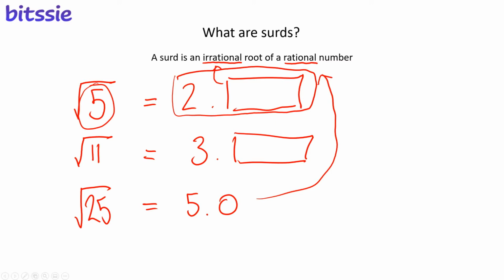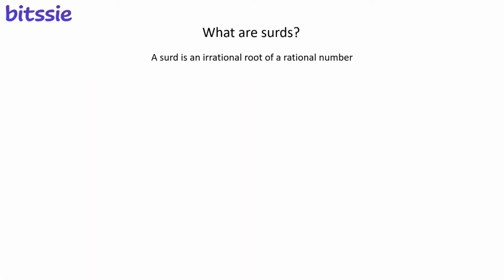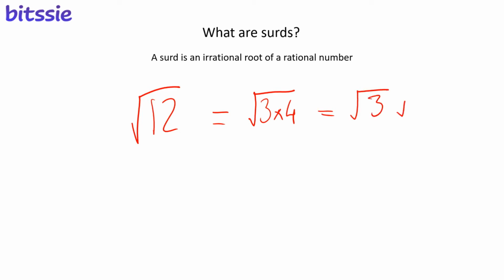So what can we do with surds that will help us simplify them? If we take a surd, such as the square root of 12, we can write this as the square root of 3 times 4, since 3 times 4 is equal to 12. This can then be written as square root of 3 times square root of 4.